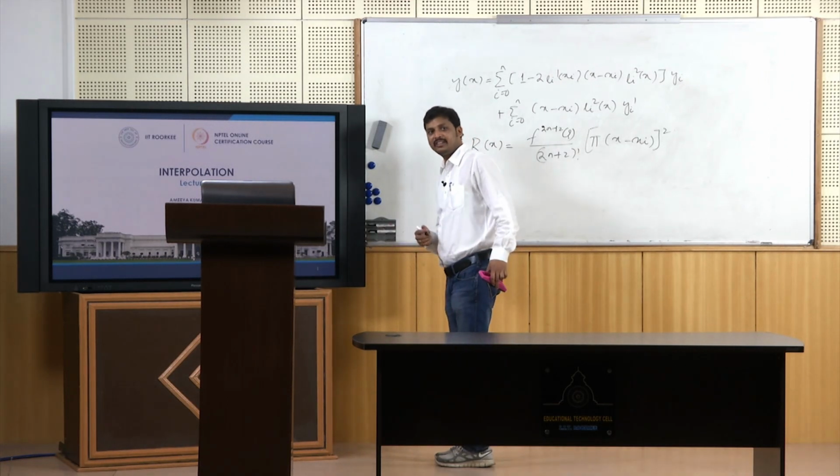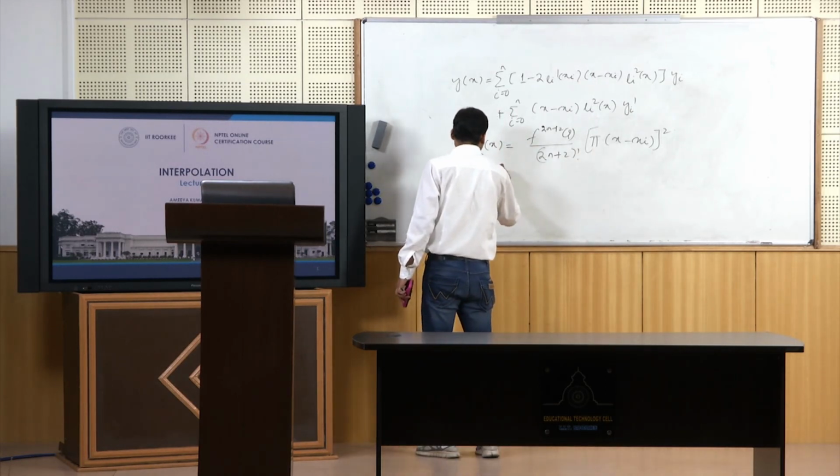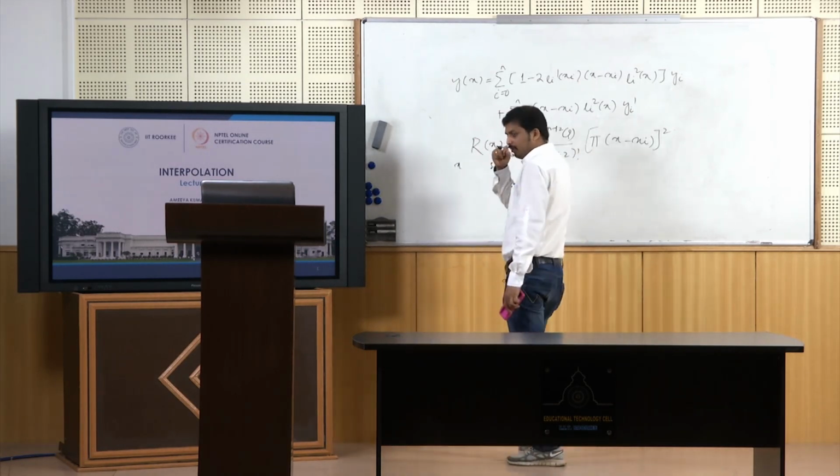So if the problem gives sin x data and asks to find sin of 0.5, suppose the tabular values are given as x, sin x, and cos x.